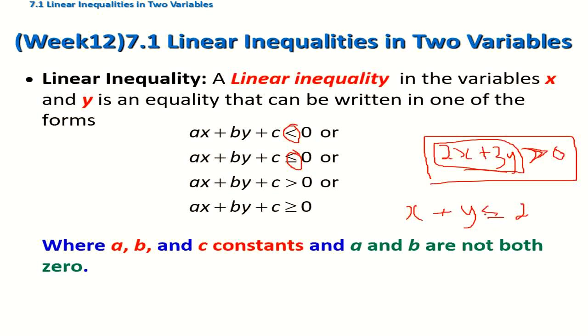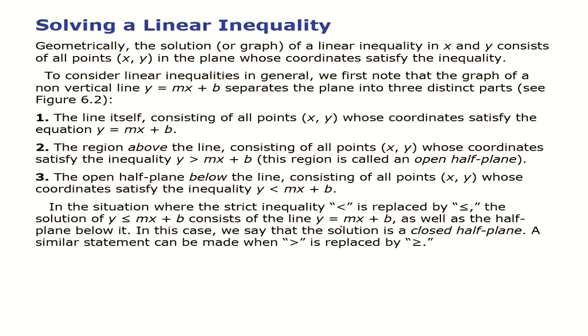Whenever there is an equality along with the inequality symbol, this is just inequality. But when there is no equality symbol, we call it strict inequality. So there are 4 types. You can take your own examples to check what a linear inequality is and how to solve such systems.